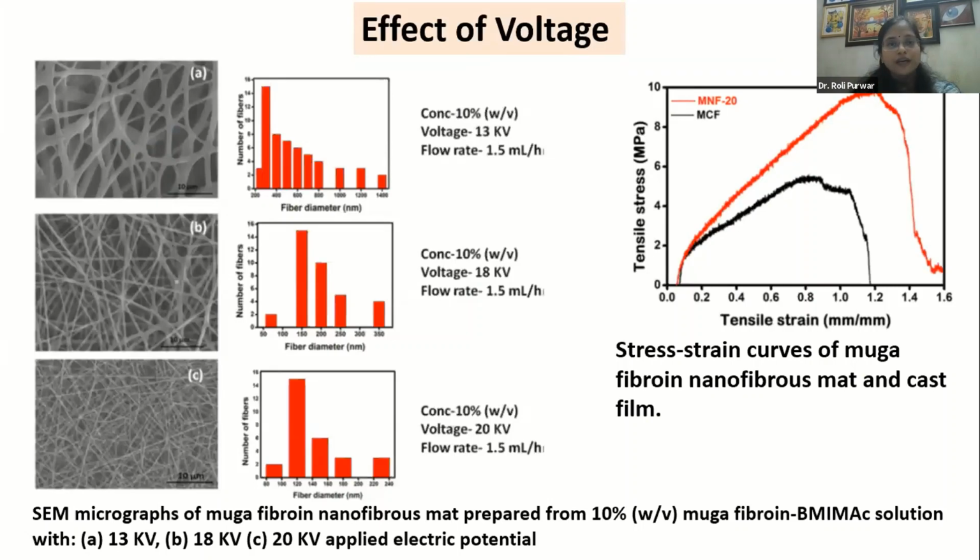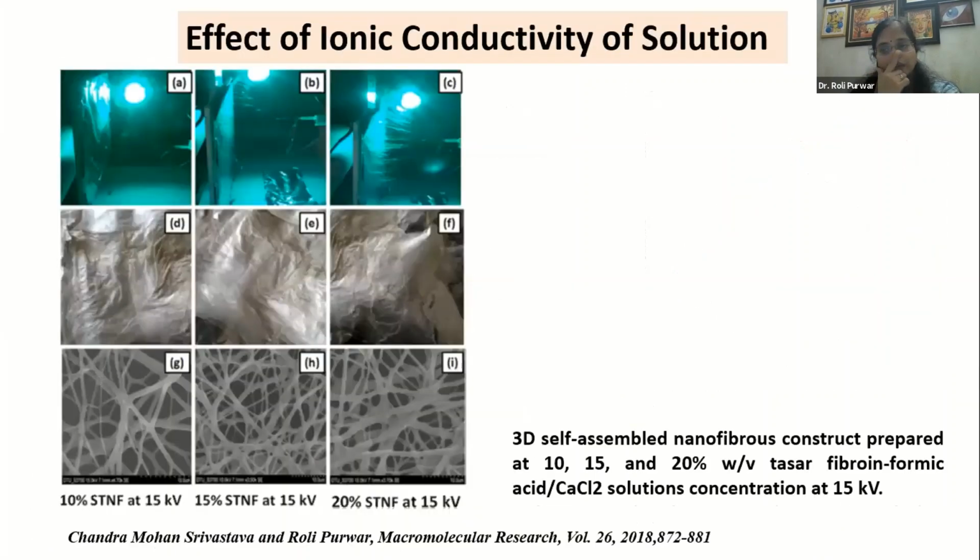In this case, we first dissolved the silk in the ionic liquid, then removed that ionic liquid, and whatever silk remained, we redissolved in formic acid and calcium chloride solution.